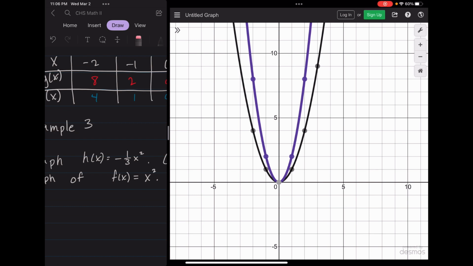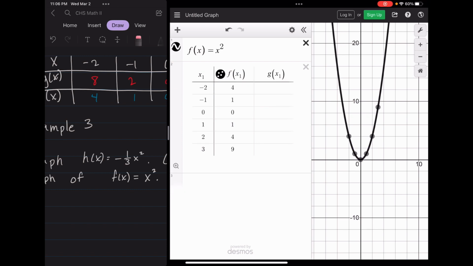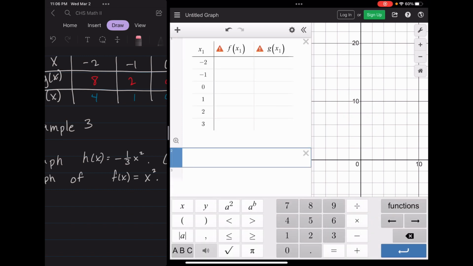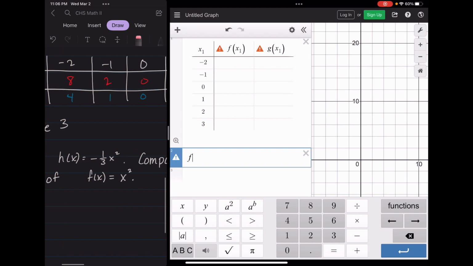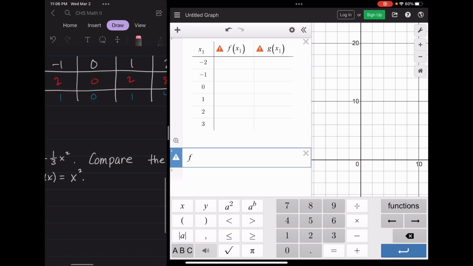All right, let's go to the next one. I'm going to delete all this. We'll leave our functions here. I'm going to graph h of x, which is negative 1/3 x squared, and compare that to the graph of f of x squared.